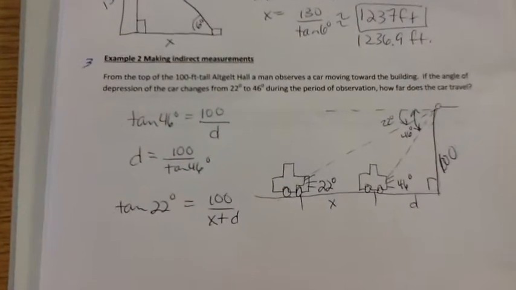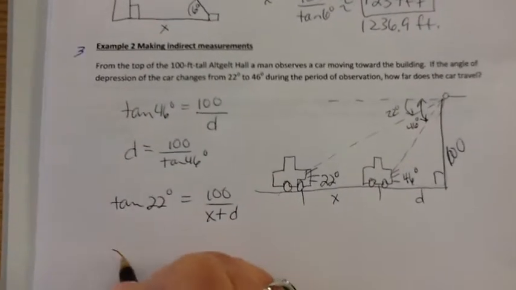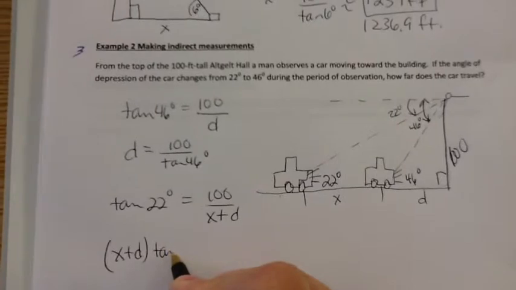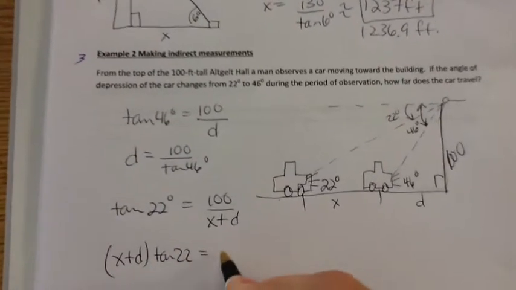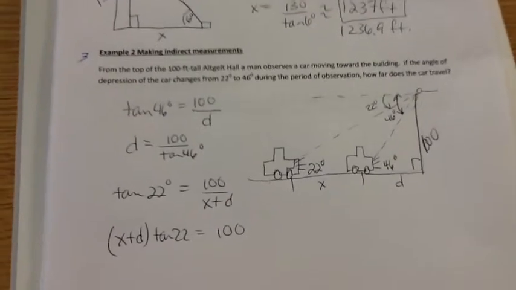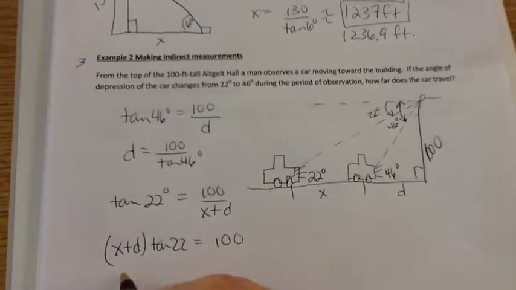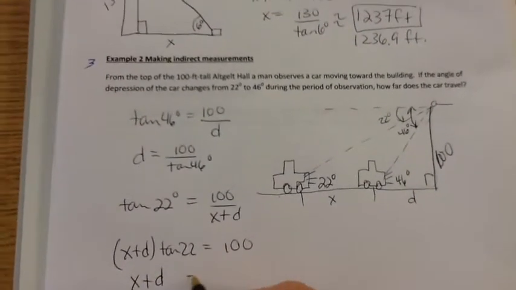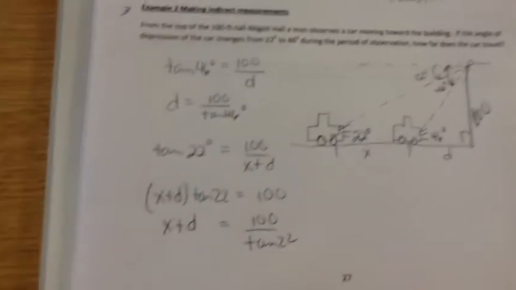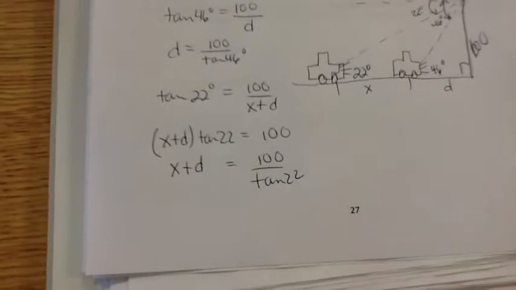And so what we're going to do is cross multiply, and we're going to solve for x. Okay? So if I think about it, I have x plus D equals 100 over the tangent of 22 degrees.